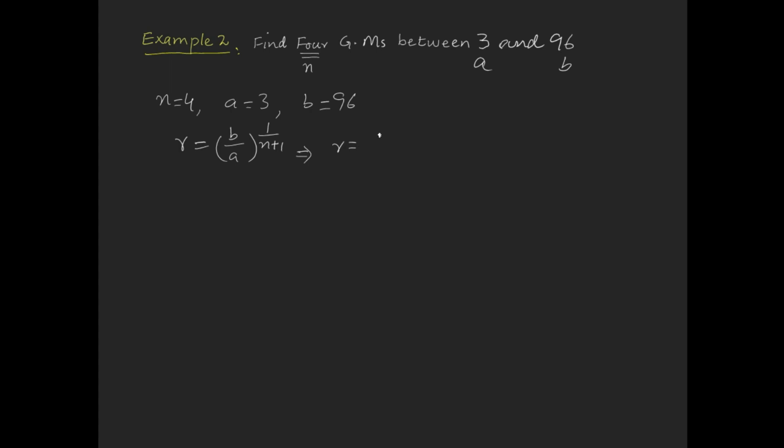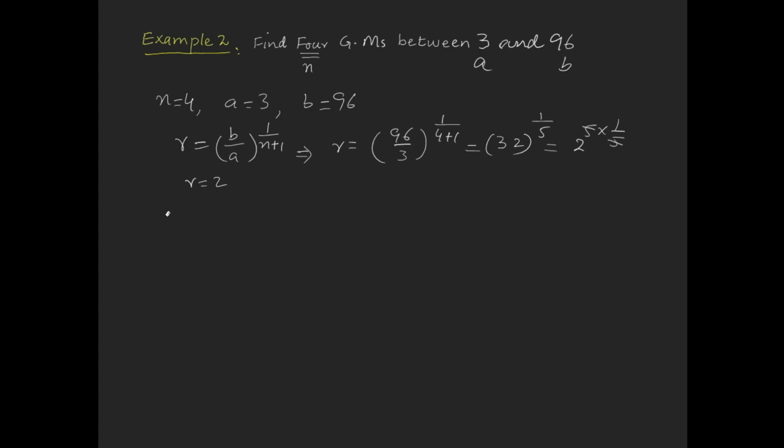So R is equal to B over A, 96 divided by 3, whole power 1 divided by 4 plus 1. So 3 3s are 9 and 3 2s are 6, so 32 whole power 1 over 5. 2 power 5 is 32, so the answer is R is equal to 2.